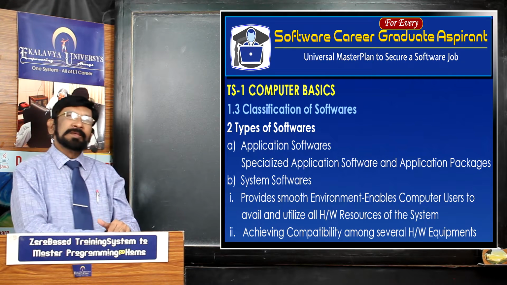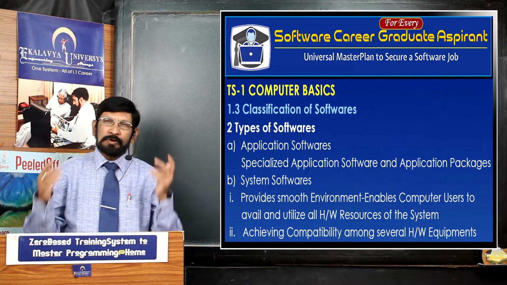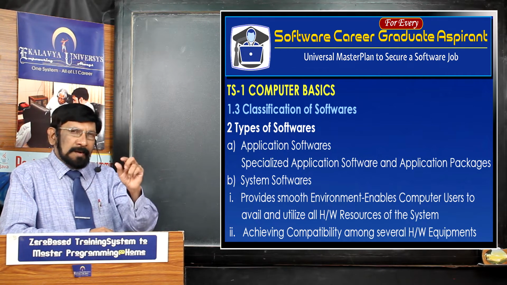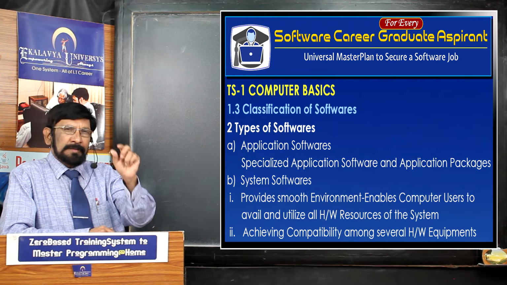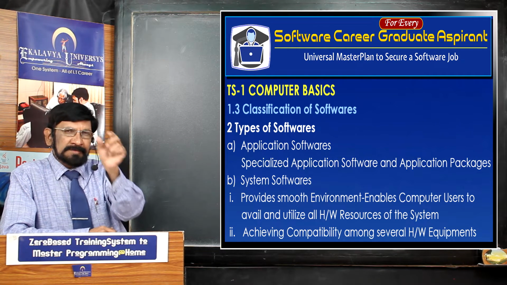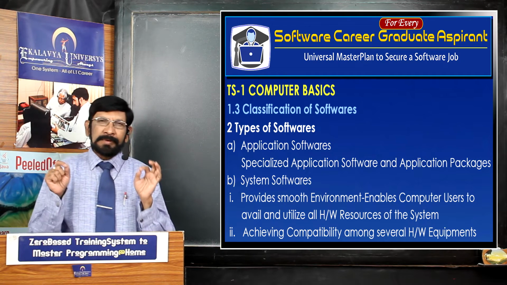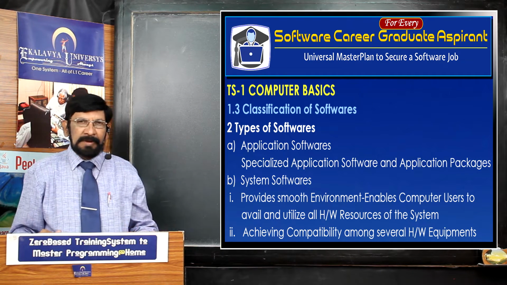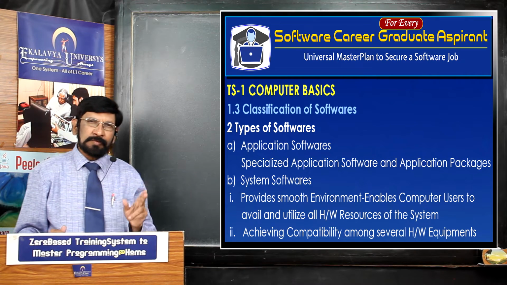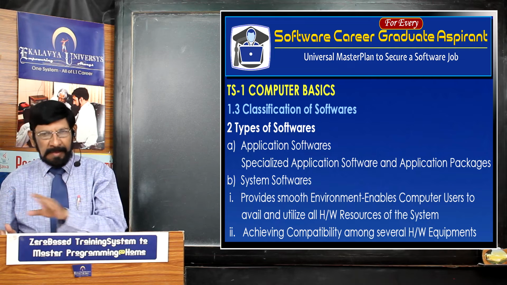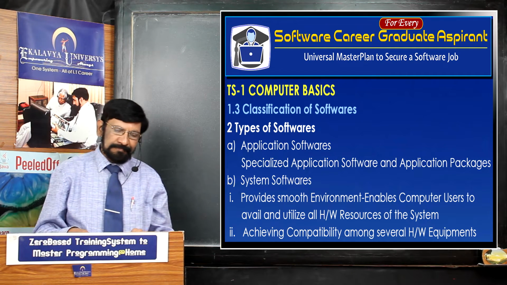In that way, hundreds and thousands of softwares are developed, and every software performs a specific task or tasks. That point you have to understand. Those are called application softwares. Application softwares are classified into two: specialized application software and application packages. A little later, after this, I will explain.